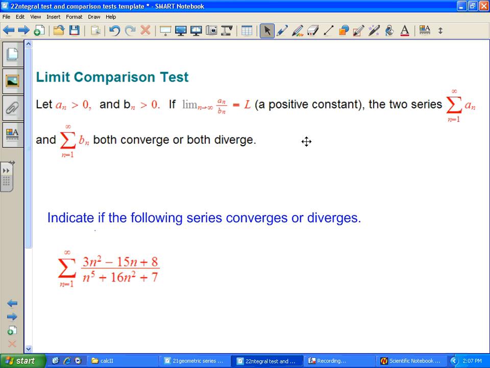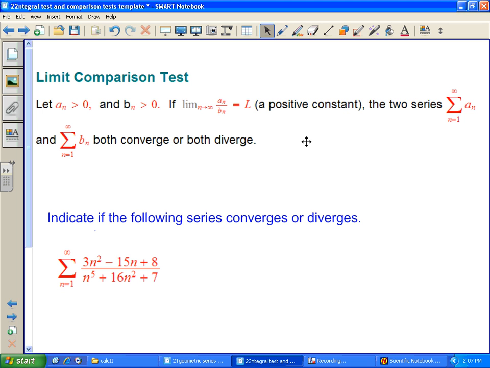So if you're doing the a sub n, for example, try to find a similar series such as b sub n and take the ratio. As long as the limit of the ratio goes to a finite answer, then we are told that both of them are going to act the same way.